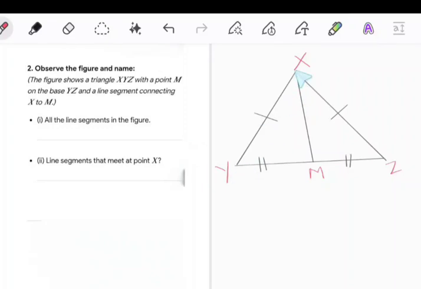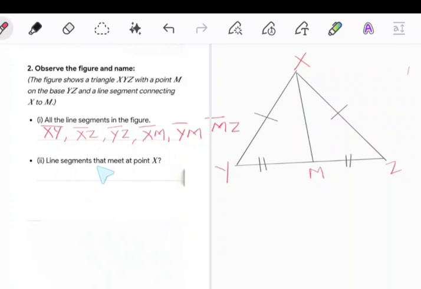Here we have XY, XZ, YZ, XM, YM, and MZ. All these are line segments in the figure.